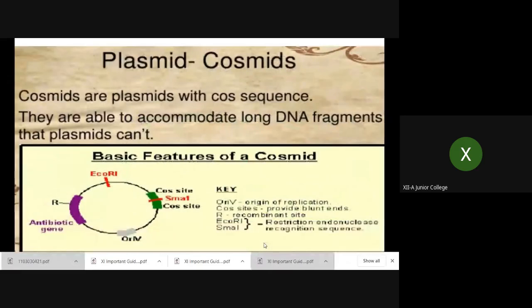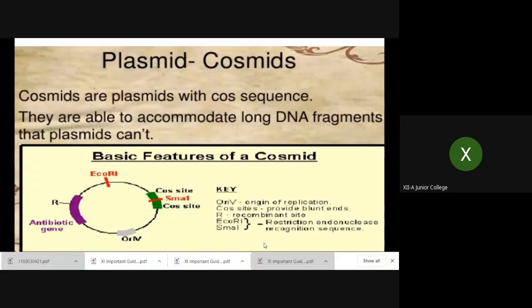Now, along with plasmids, one more type of plasmid is called cosmid. It's nothing but a plasmid only. The only little difference is that it has a specific sequence called the cos site. So plasmids with cos sequence are called cosmids. One more specific feature of cosmid is that it is a little bit larger in size.